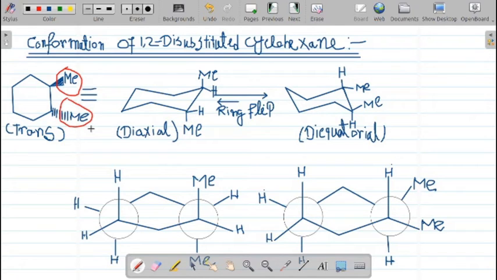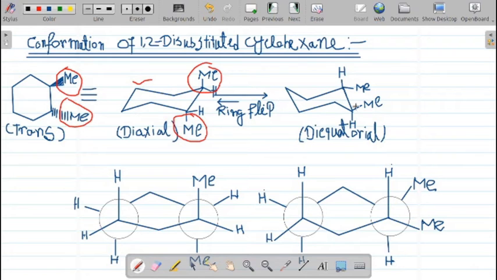And in the trans conformation of a 1,2 disubstituted cyclohexane, one methyl group is present at the axial position, and another methyl group is present at the axial position. This is known as a diaxial conformer.